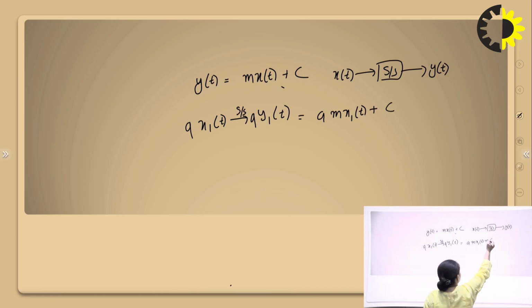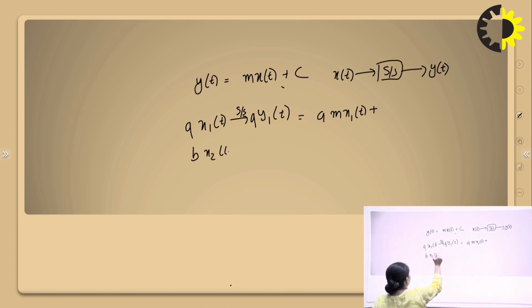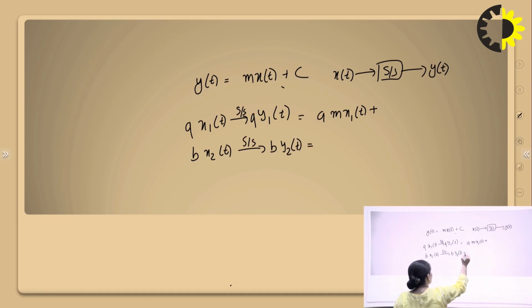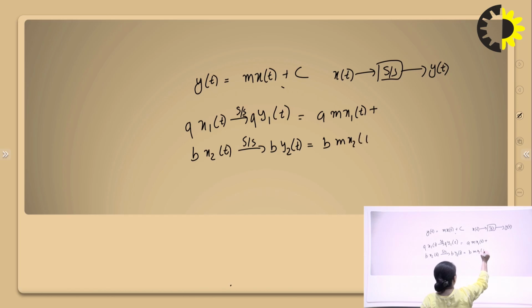Then b of x2(t) given to the system gives b of y2(t), which equals b of m x2(t) plus c.